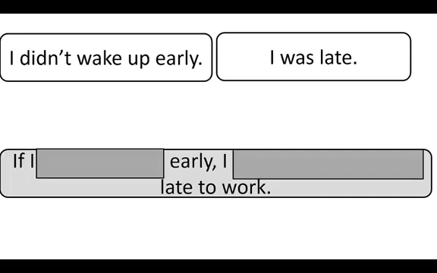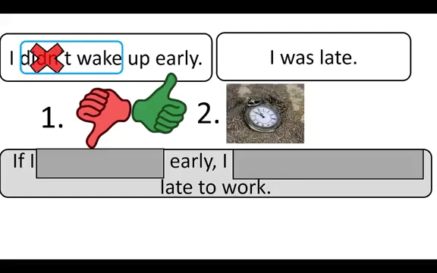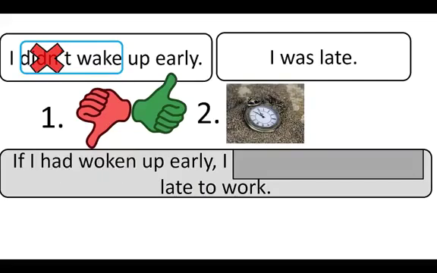Here is the true information about what happened in the past. I didn't wake up early. I was late. To make an unreal conditional about the past, follow these steps. First, change the negative verb to the affirmative. Next, change the past verb in the if clause to the past perfect tense.